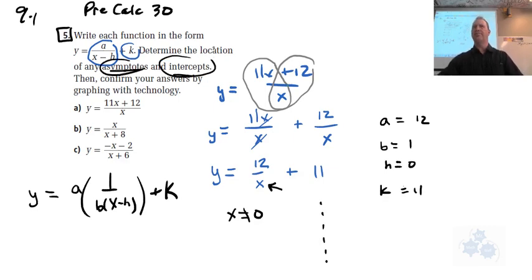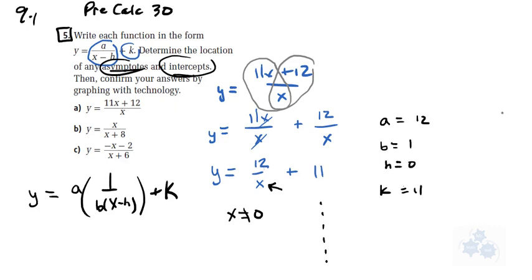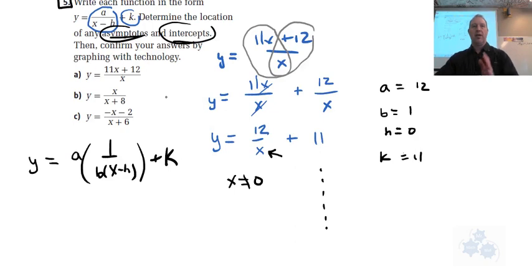Intercepts. Okay, do we have a y-intercept then? If we let y equal 0, can we solve for x? Sure. So as we were talking here, the definition of a y-intercept is the value of y when x equals 0.